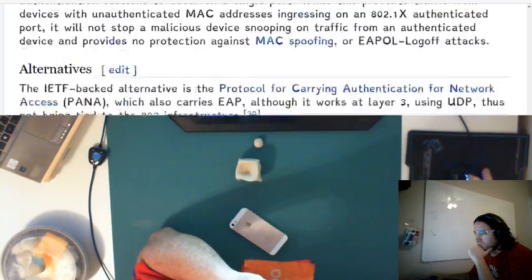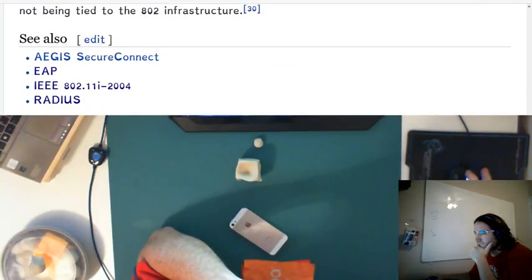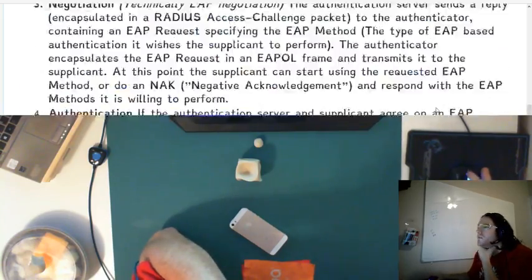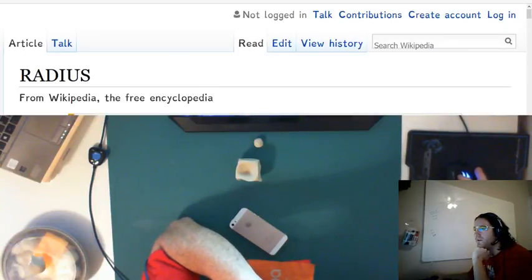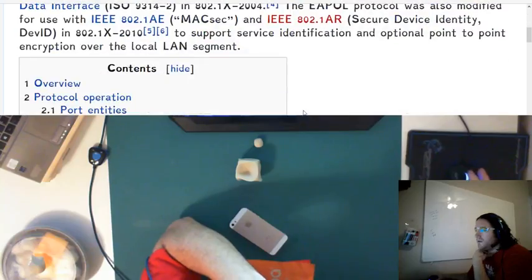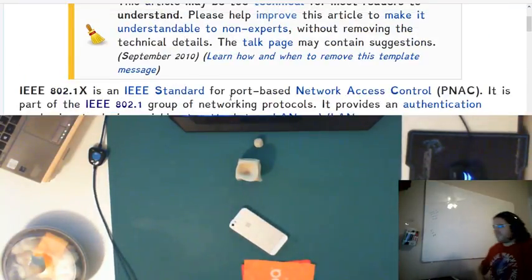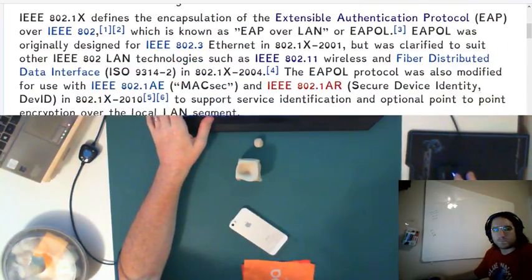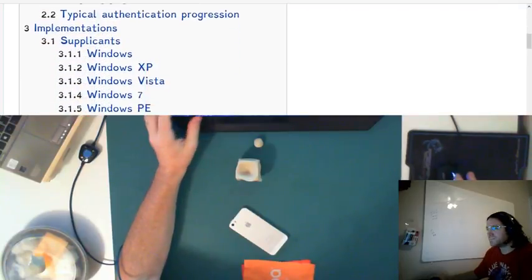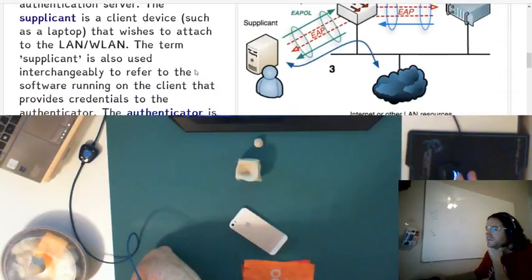That is 802.1X. And then I can do RADIUS. Okay, so I understood what EAP is. Supplicants, implementations.